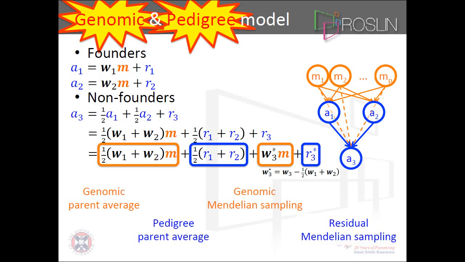So once again, to summarize this definition of a breeding value, when we have both genomic and pedigree information, the breeding value is genomic parent average plus pedigree parent average plus genomic Mendelian sampling term plus the residual Mendelian sampling term. And we can estimate this residual Mendelian sampling term if we have phenotypic information on this individual or phenotypic information on the progenies of this individual, because this R star 3 term will appear also in the definition of breeding values of the progeny.